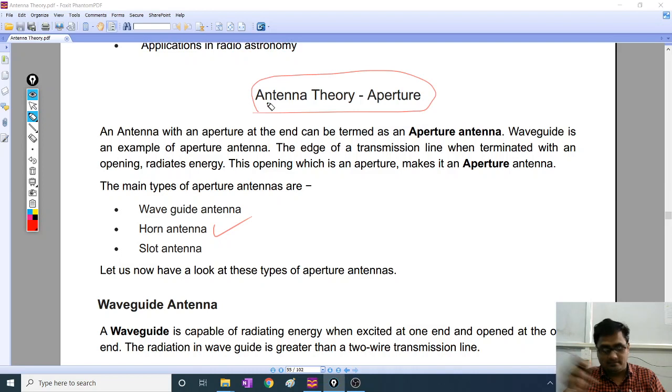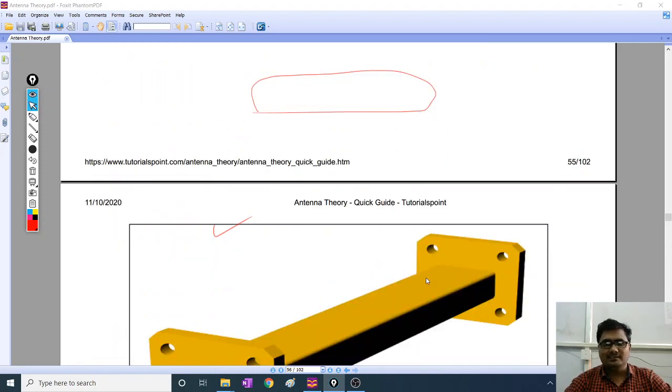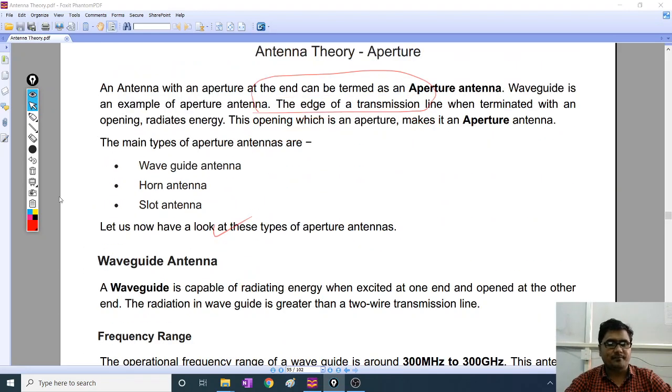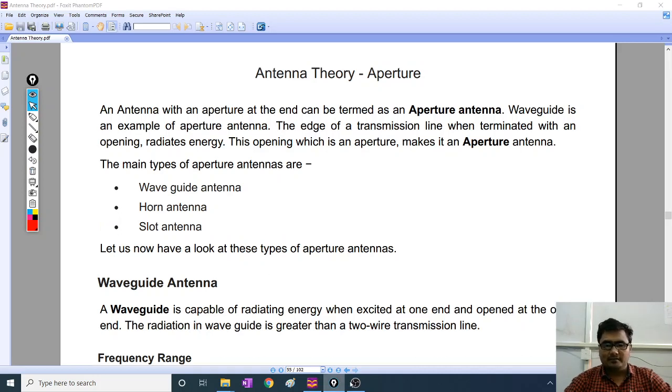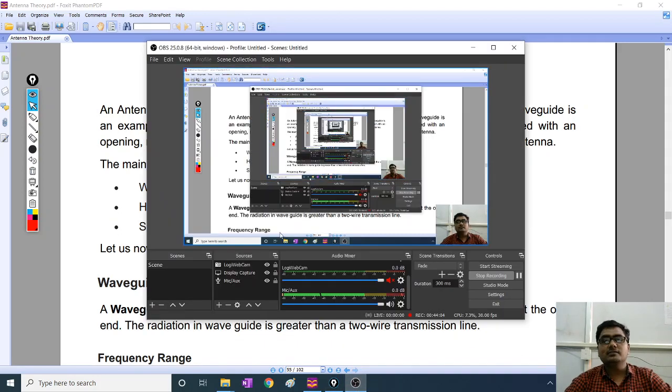Aperture antenna, we'll start in the next lecture, probably. So in the next lecture, we'll start with aperture, and what next? What next is there in your syllabus? I think the last one is microstrip antenna. Yes, we are about to finish all those antennas. Okay, so we'll meet in the next lecture. Thank you very much.